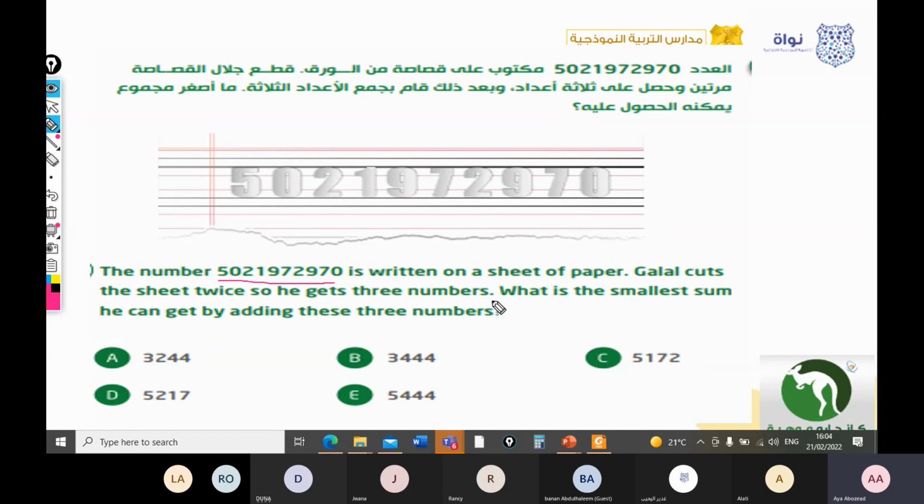At first, I will think where I have to cut to give a small number. Then I will add the three parts, and after adding, what will be the smallest number I can get? After finishing, just say done. And then I can explain for you why I chose these lines to get the smallest number.